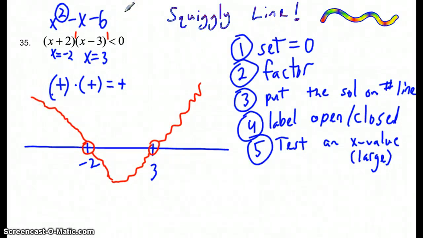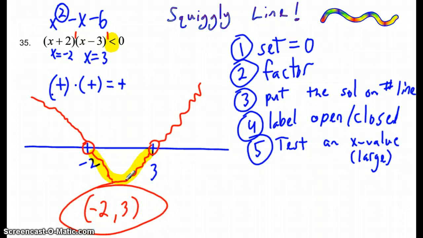So, the question says, where are these values less than 0, or negative, in other words? So you can see on the graph, all these values are less than 0. So what interval are we talking about here? We're talking about the interval between -2 and 3, all those x values, not including 3, not including -2.